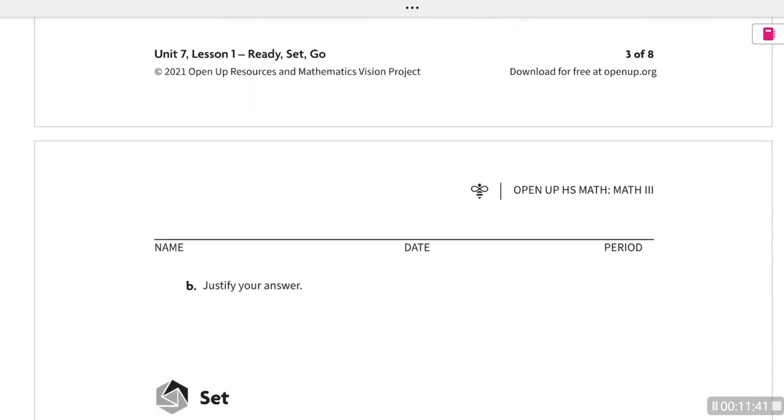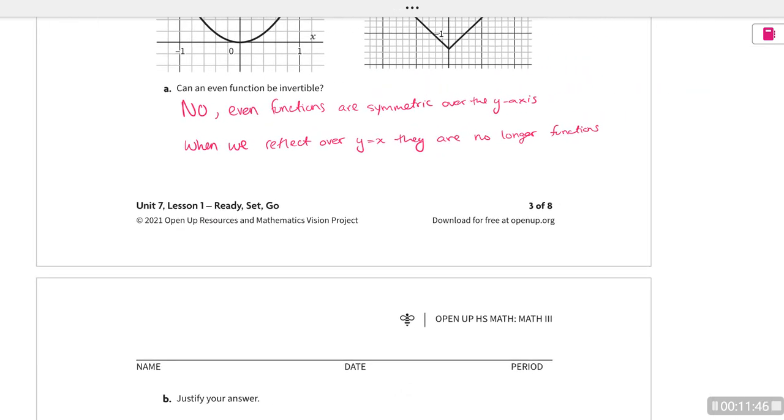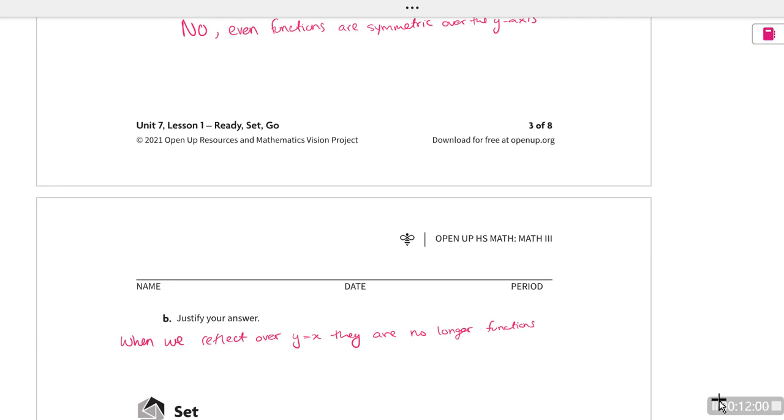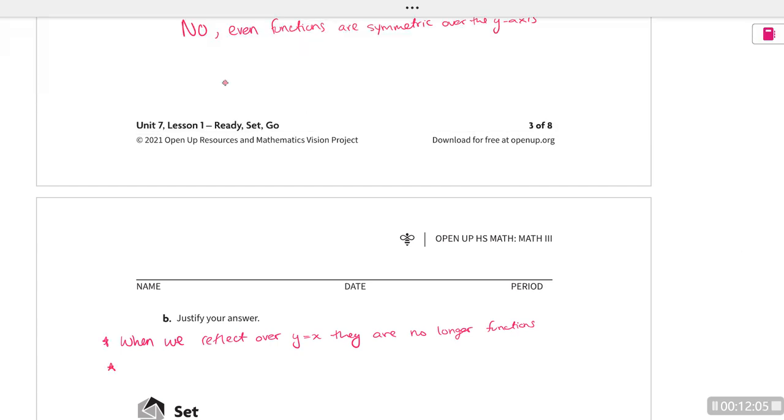Okay, let's move down. Justify your answer. So we can take that part that we just wrote and move it down to part B. When we reflect over y equals x, they are no longer functions. Other ways you can phrase this: we can say they are not one-to-one. What I mean by one-to-one is that each y value is not unique.